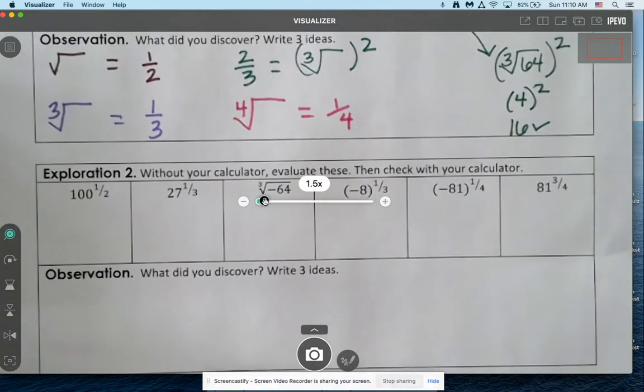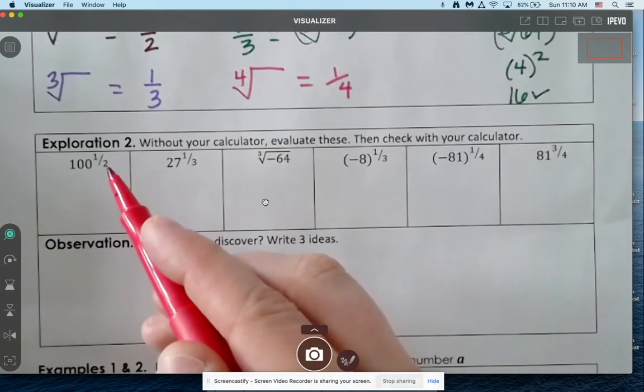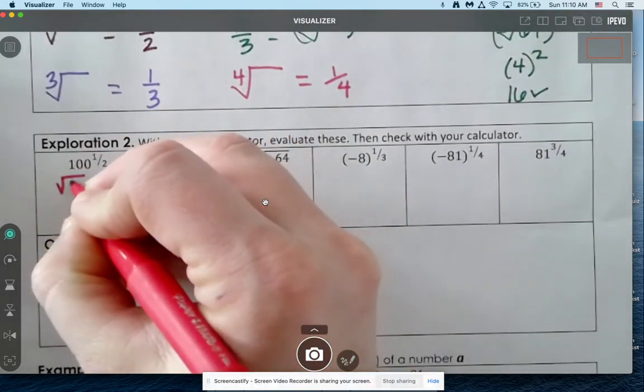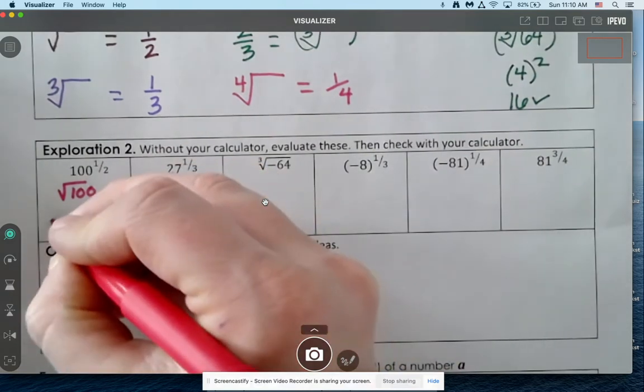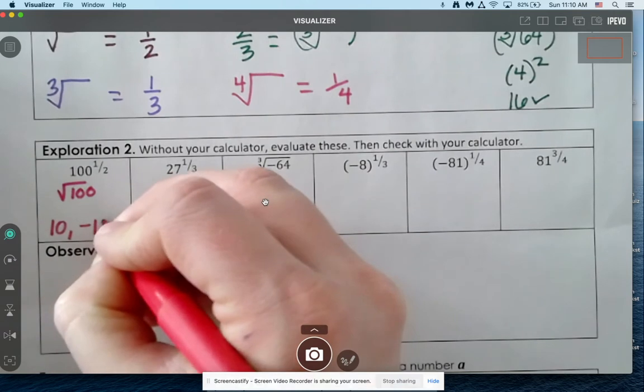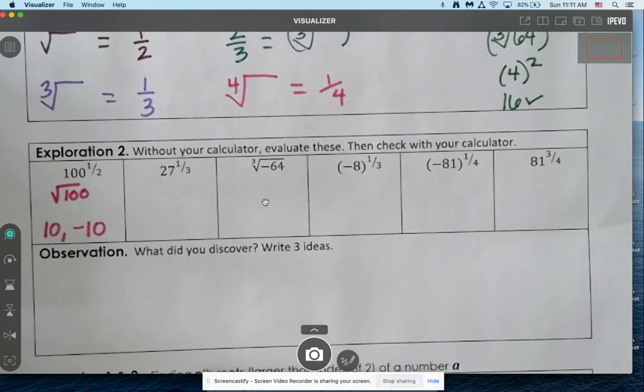All right. So we know that anything to the 1/2 power is really like the square root. So what's the square root of 100? What number times itself gives you 100? I hope you're thinking 10 or -10. And again, you could easily check that in your calculator, but I think that one's a pretty obvious one.